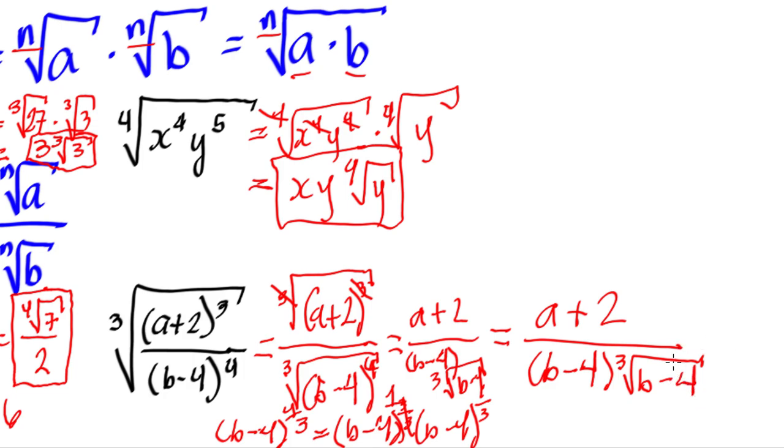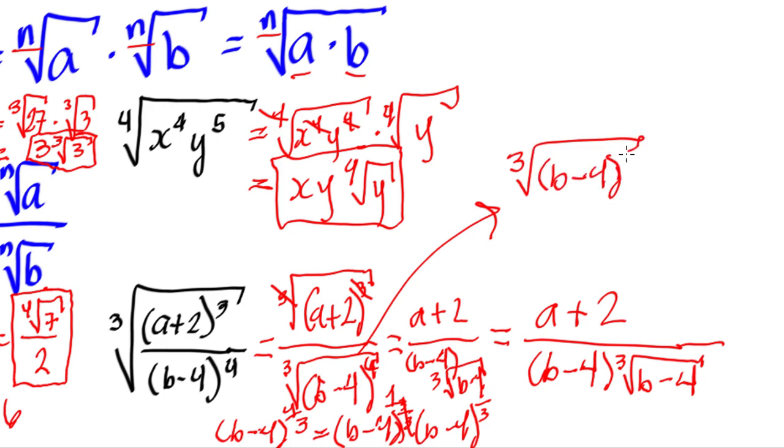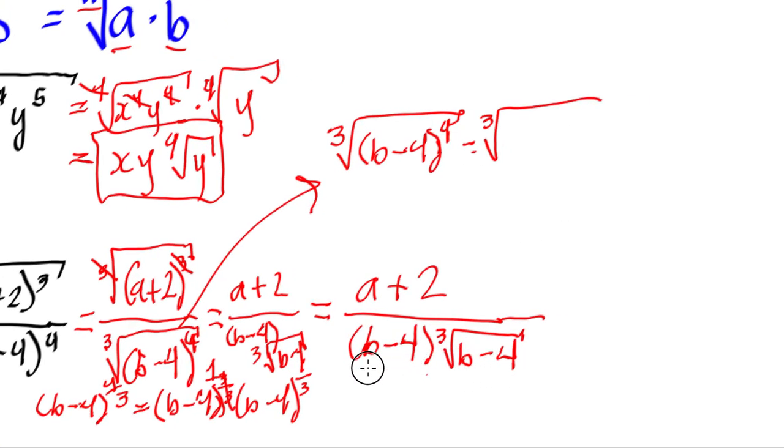Okay, so that's quite complicated, but the other way of looking at this denominator is that again we have the cube root of b minus 4 raised to 4. Maybe we can apply rule number 2 with this. Doing so will give us something like this: the cube root of b minus 4 raised to 3 times b minus 4.